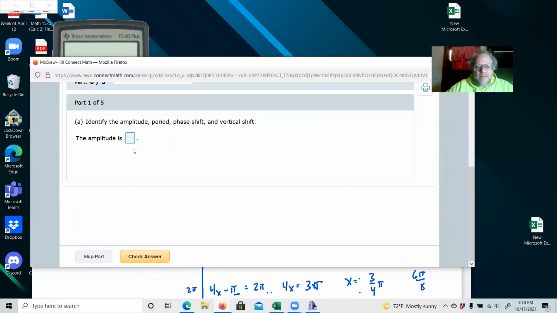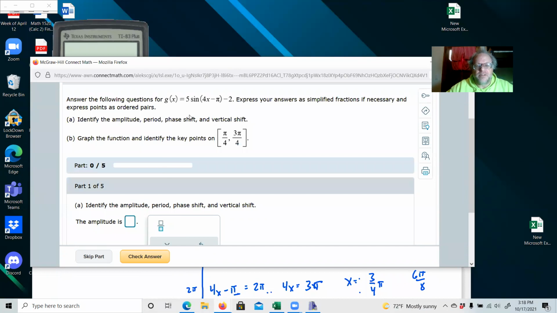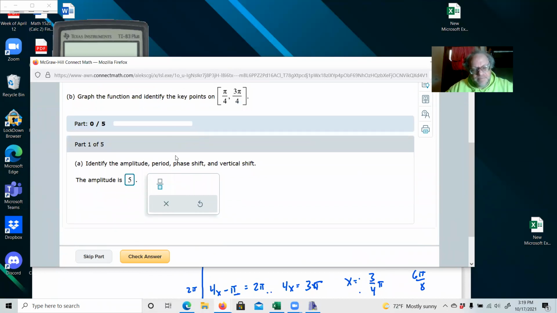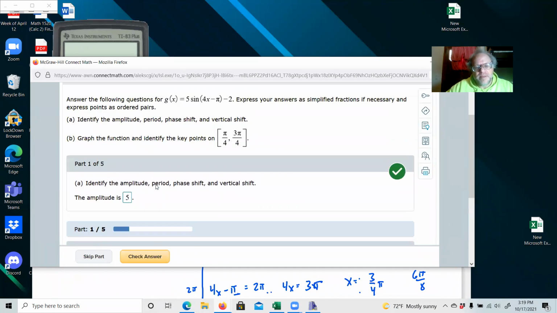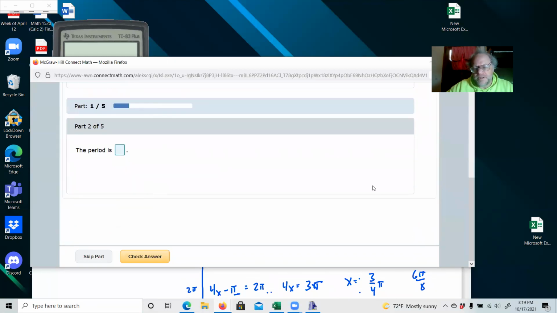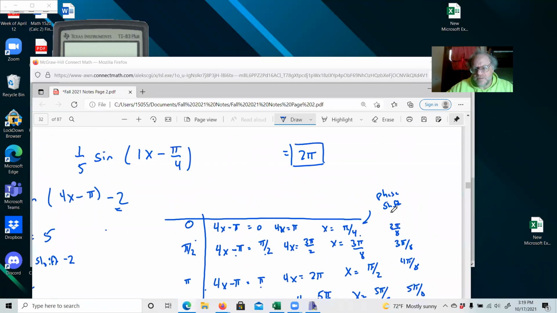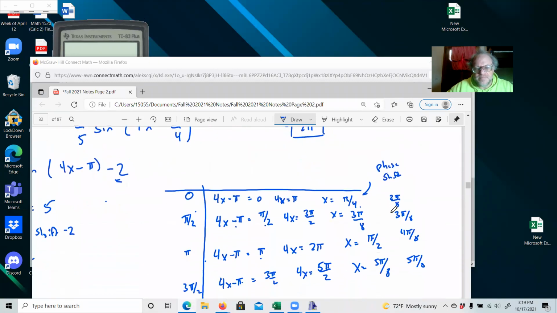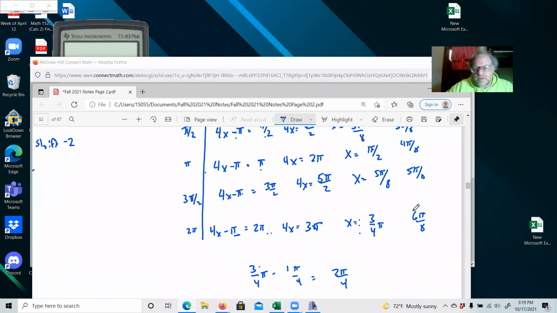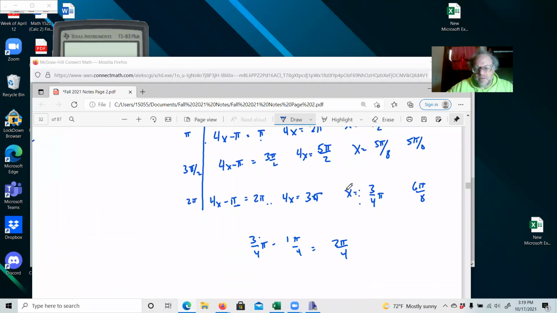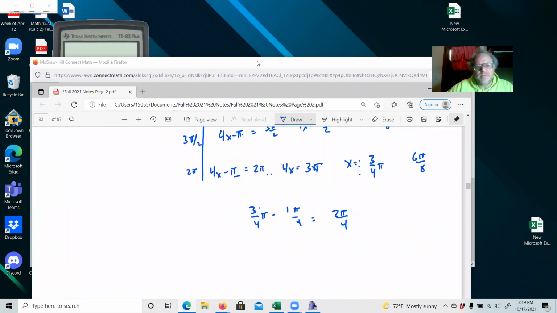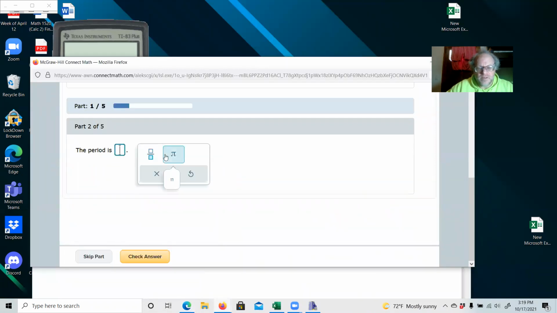So amplitude. What is our amplitude? Our amplitude is 5. Okay. The period. What is our period? Our period was, what did we say here? We said it was pi over 2, right? It's pi over 2, because they want it simplified.